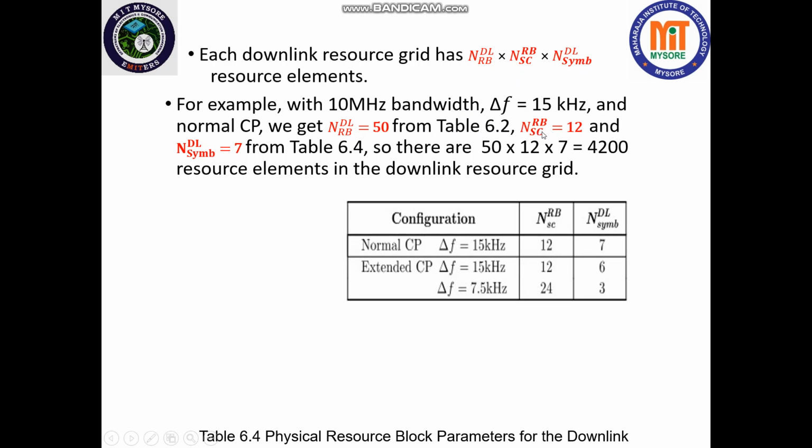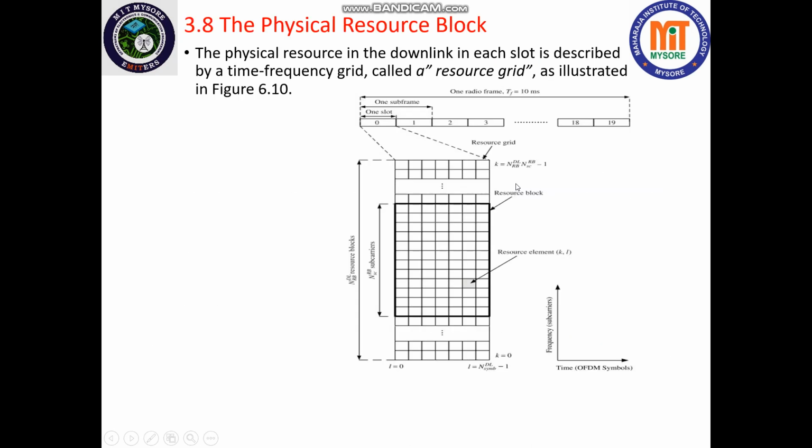And the number of subcarriers will be 12 and the number of symbols per subcarrier will be 7, which can be seen from table 6.4. If we substitute these values in the above equation, what we get is 4200 resource elements in the downlink resource grid. In one slot, we are going to have 4200 resource elements.